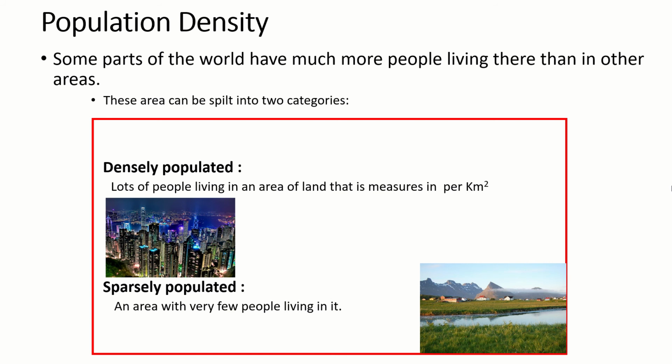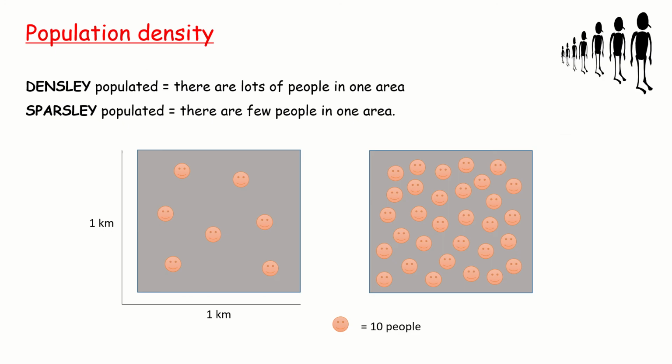That's going to be really important when we look at the Middle East, because some areas are very densely populated, and some areas are very sparsely populated. To help with that definition, the box on the left is an area with a sparsely populated distribution, and the area on the right has a very densely populated distribution.